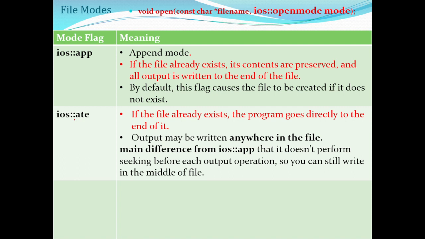There is one more opening mode. With this mode, we are able to jump around the file. But in the append mode we are always jumping to the end of the file, and if we want to write something, we write to the end.